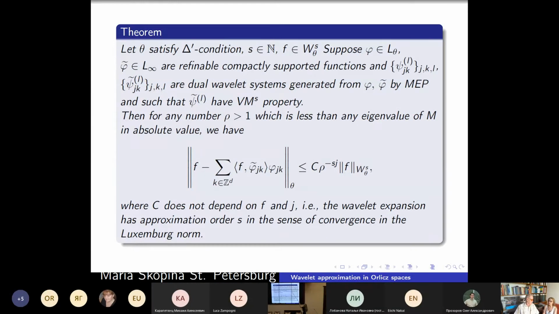Phi and phi tilde are refinable compactly supported functions, and psi JKL, psi tilde JKL are dual wavelet systems generated from this scaling function by the map, and psi tilde L has a vanishing moment property of order S. Then we have approximation order S, the same as in the LP spaces.